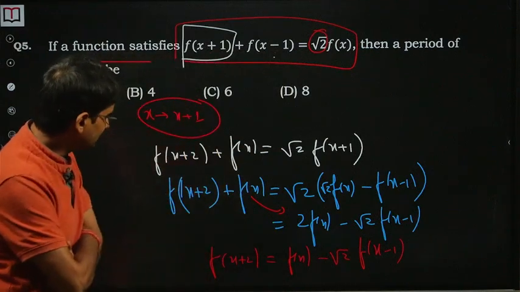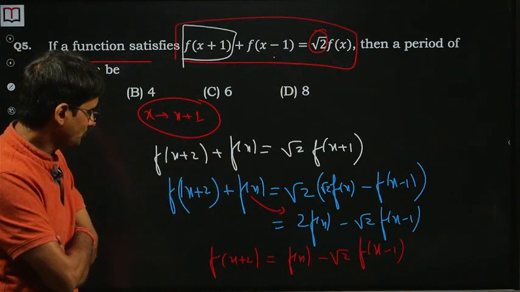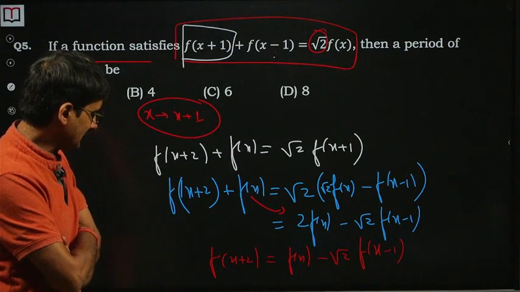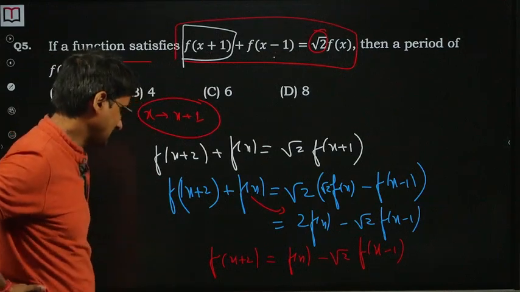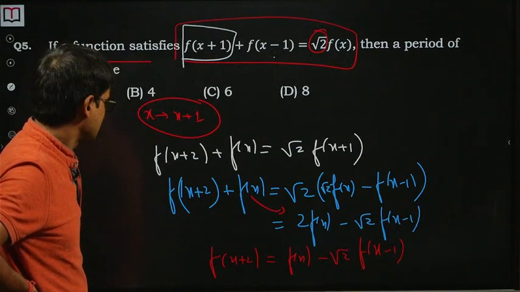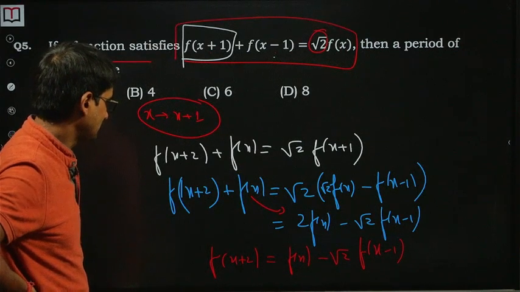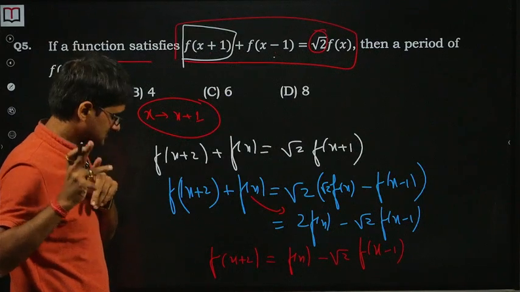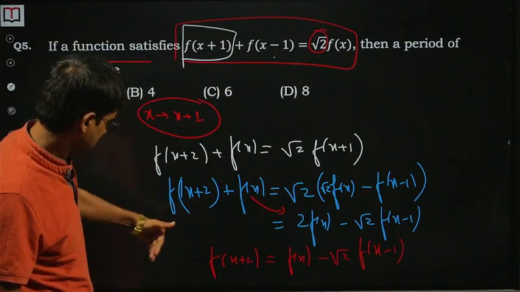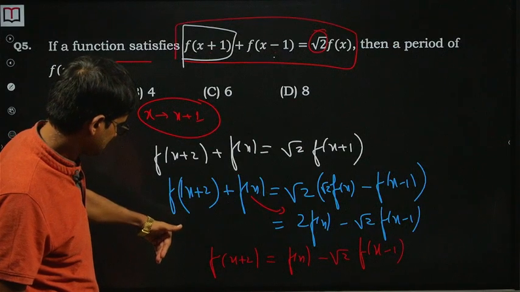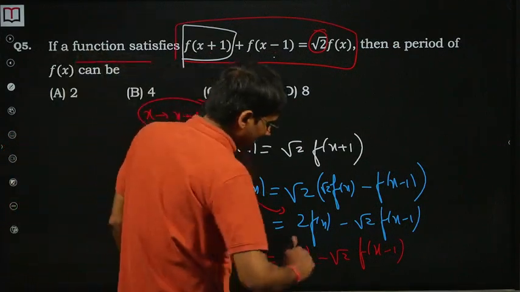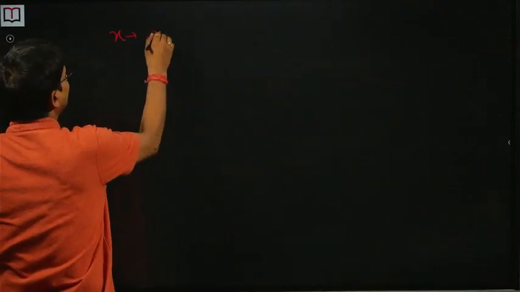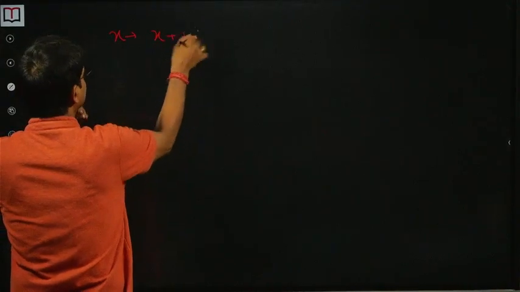We have f of x plus 2. If I again try to replace it by root 2 times... here now I will replace x by x plus 2.